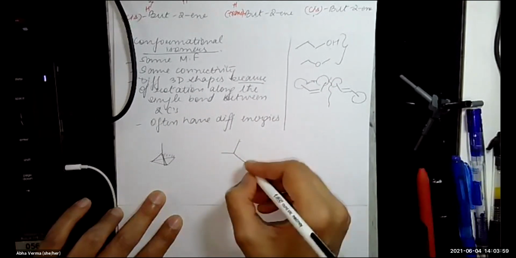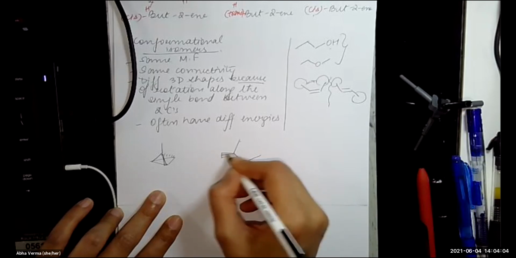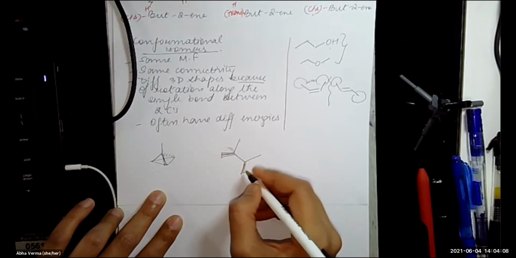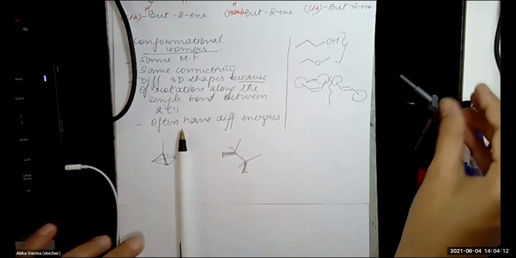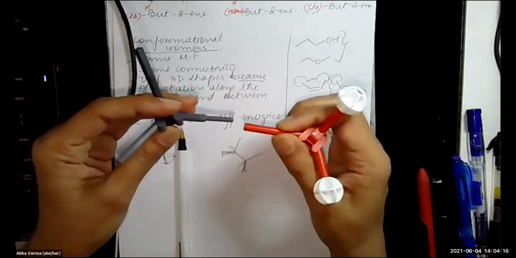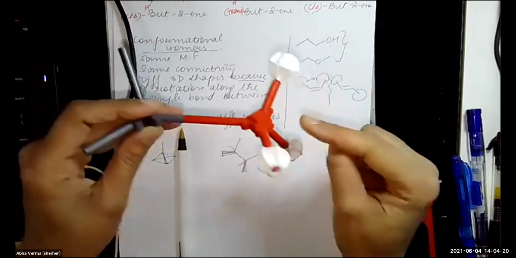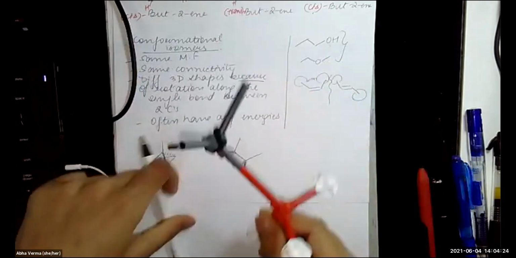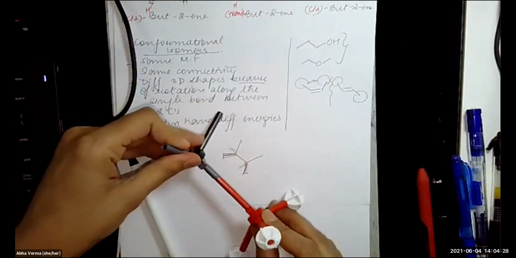Okay, so how about all of you draw this with me? So what did I draw here? Oh, here we go. So I have these two carbons. Each of the carbons has its own three groups on it. So what I have drawn here is two of these bonds are in plane.